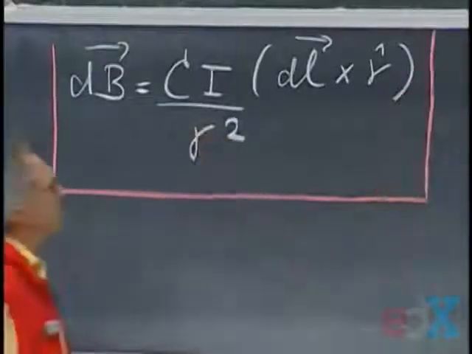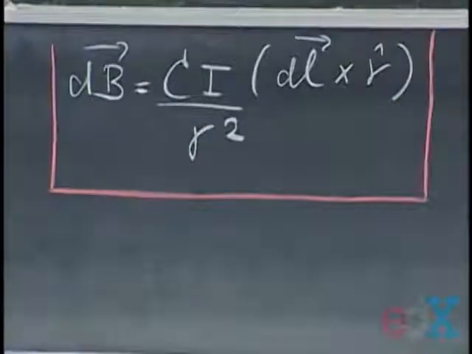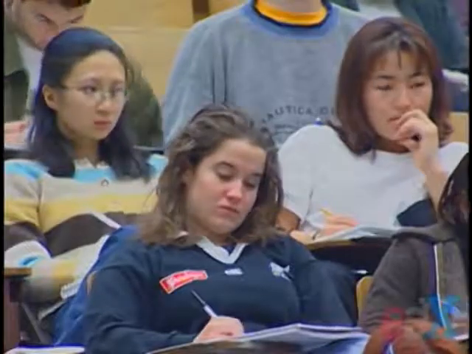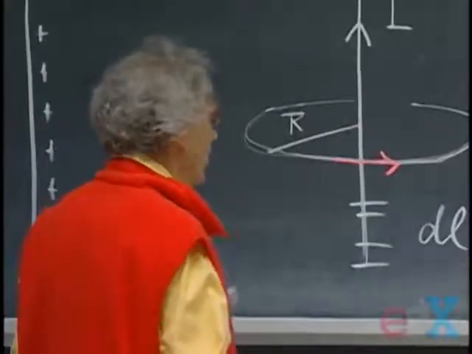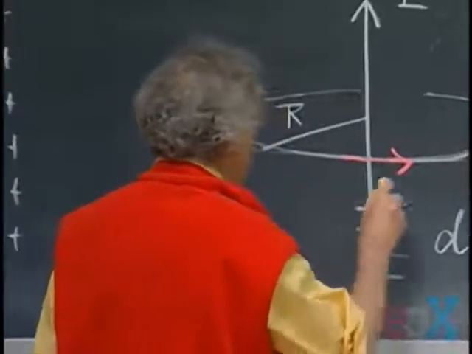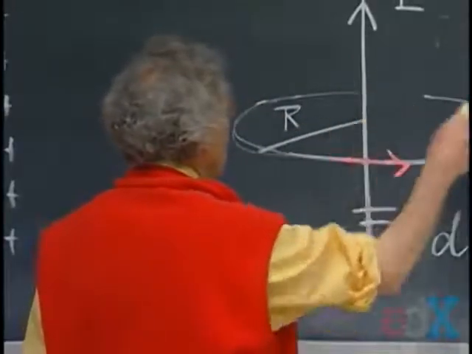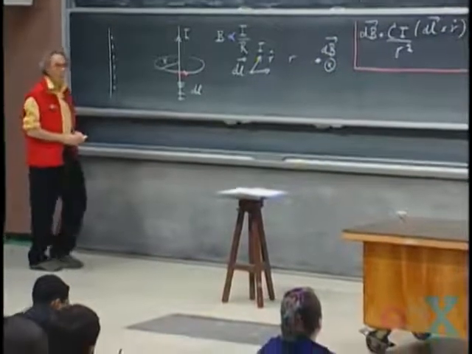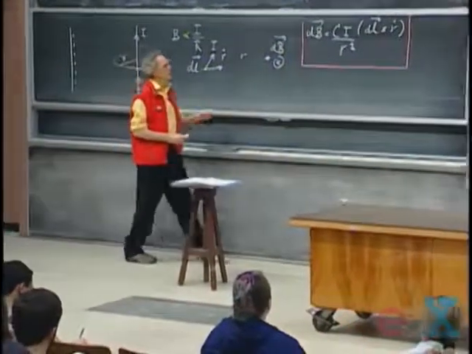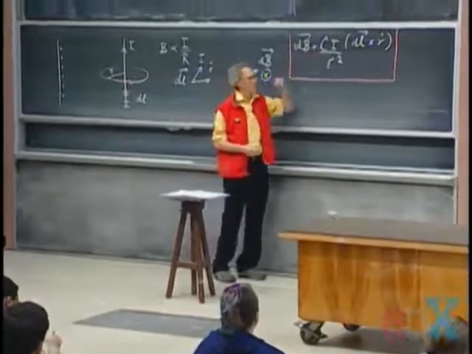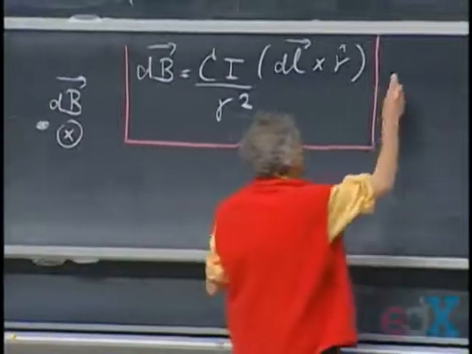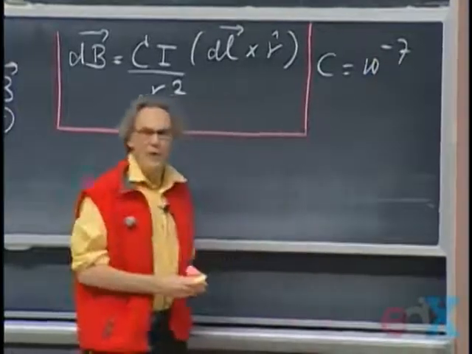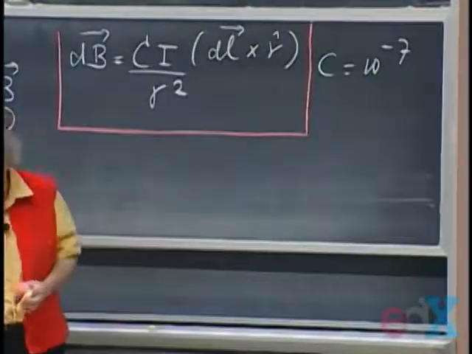And you can do experiments and measure the magnetic field in the vicinity of wires, and this formalism works. So you calculate the individual contributions of all these little elements dl, and then you do an integration, and this formalism works. You can then also measure what C is. In SI units, C is 10 to the minus 7, but we write for C something quite peculiar.